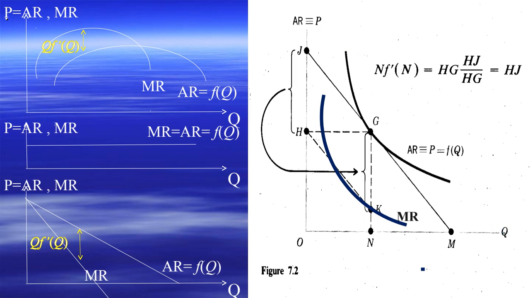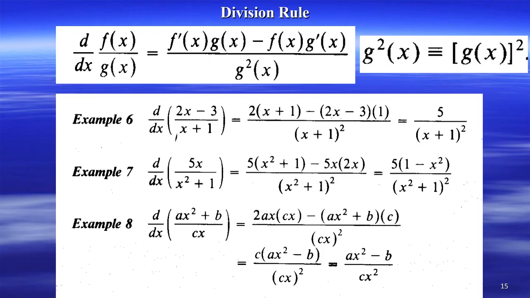You see? All right. So, what is the division rule? The division rule goes like this. When we have f of x over g of x, of course the denominator not being 0, otherwise it would be undefined, the derivative of f of x over g of x is equal to f prime of x times g of x minus f of x times g prime of x over g square of x.